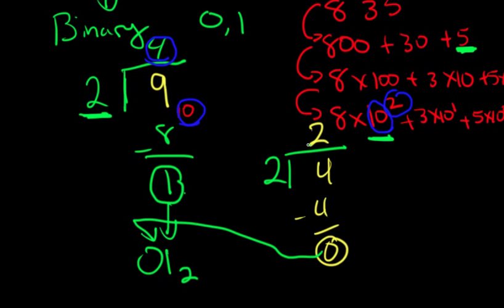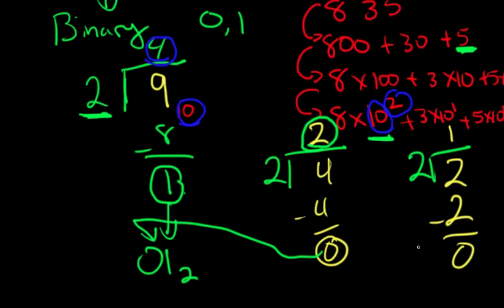We're not finished. We're only finished when this number up here is actually 0. So we're going to take 2 and divide it by 2 again. 2 can go into 2 one time, right? 2 minus 2 is 0. And now we take this 0 and put it in front of this other 0.